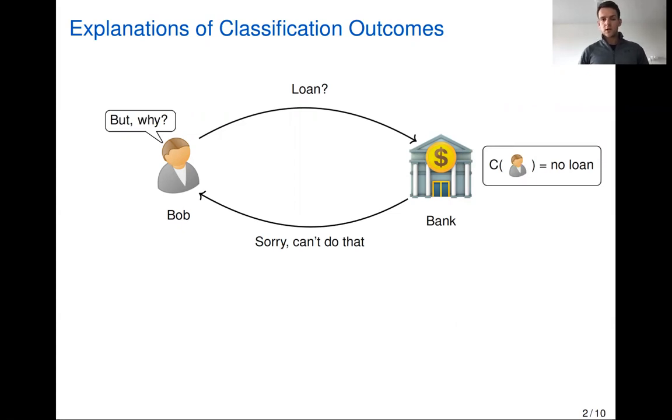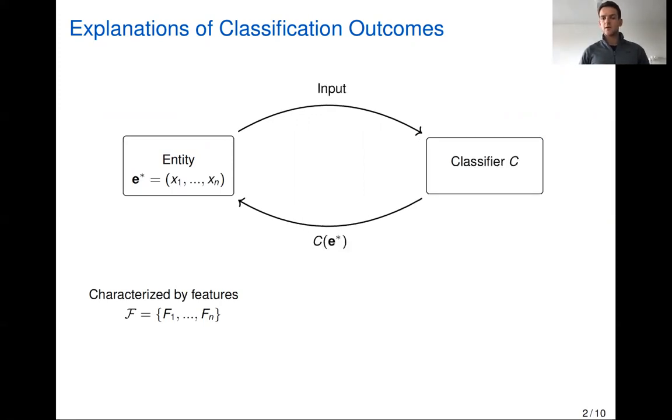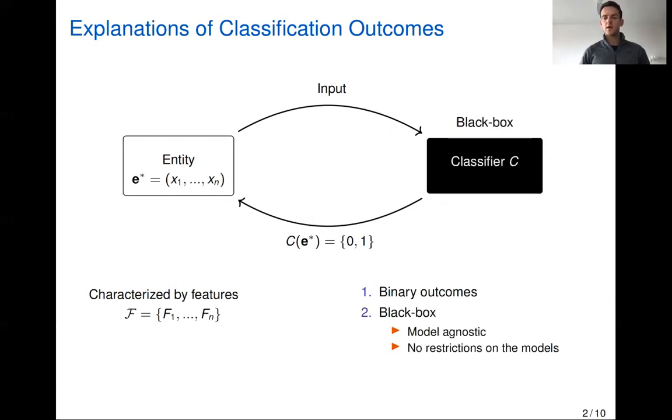In order to generalize this approach, I will refer to Bob as an entity E star, who is characterized by a set of features. And on the other hand, we have a classifier C, which takes the entity as an input and returns the classification outcome. I will assume that the outcomes are binary and also that the classifier is a black box.